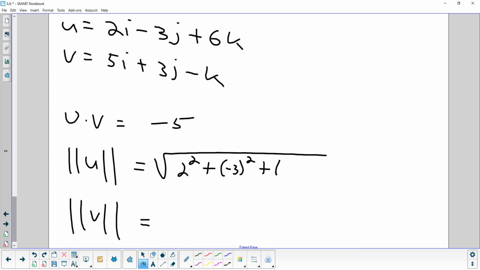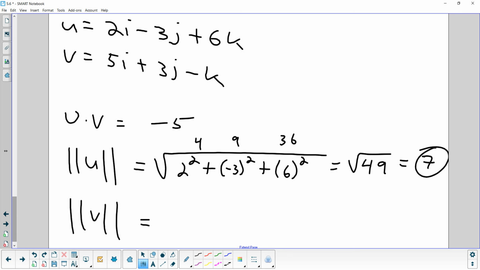And last thing, plus 6 squared. 4, 9, 36. 4 plus 9 is 13. And Dom, what's 13 plus 36? 49. So what's the length of vector u? 7. Usually that doesn't happen, we get a nice answer, but this time we did.